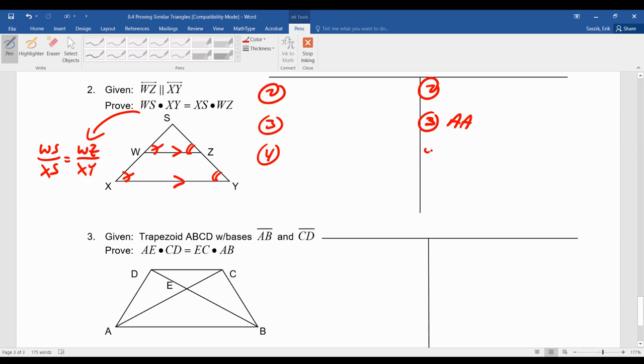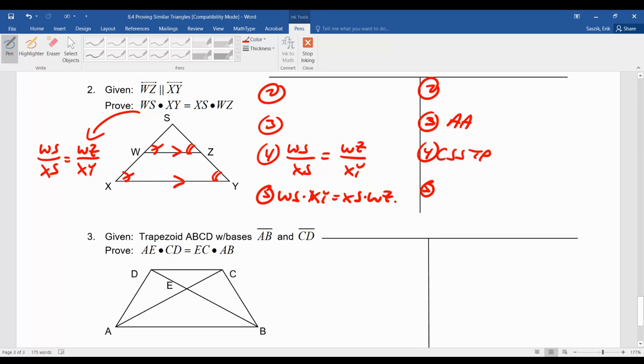Then, of course, we would say WS is to XS as WZ is to XY by CSSTP. And we would finish again with XS times WZ, and that's MEPT again, means extremes product theorem.